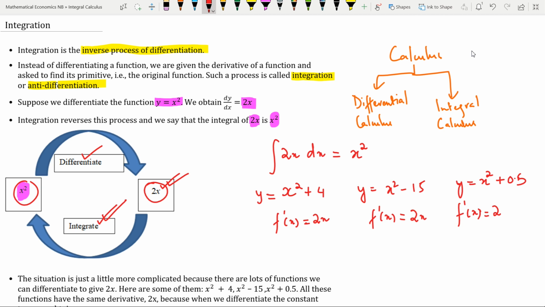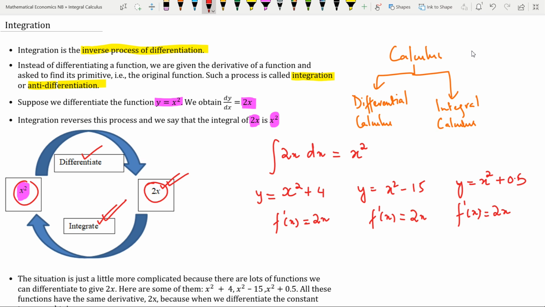The derivative of all the three functions is 2x. So if we find the original function from the derived function, that is 2x, in case of all the three functions, we will get x square.